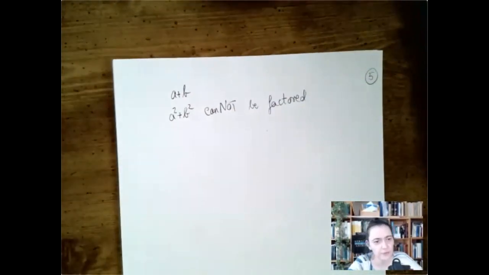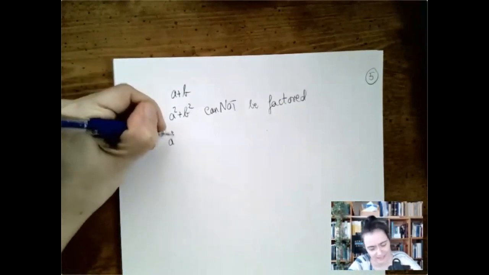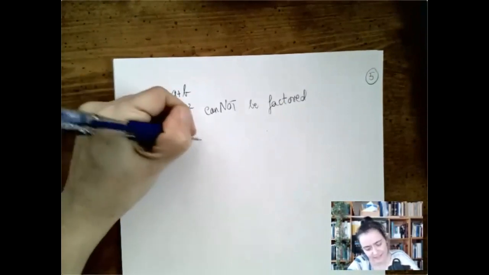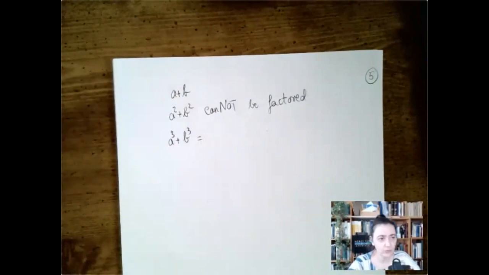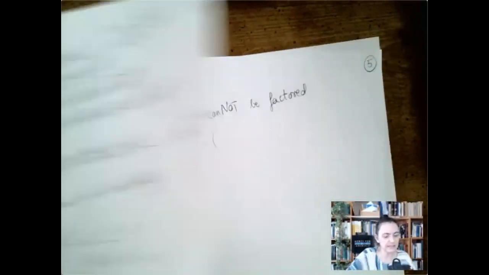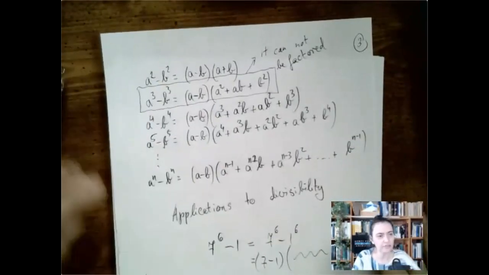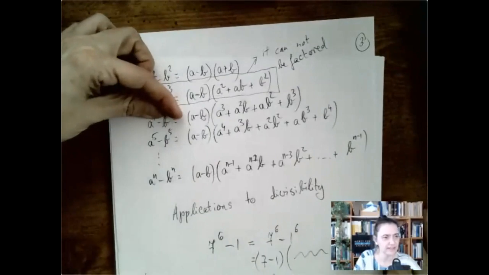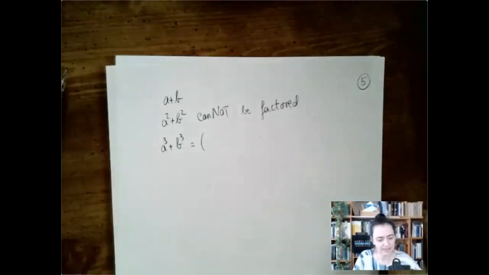But the sum of cubes can. And there are two pieces. The first piece, you remember what I said with the difference? I said the short piece is copying the other side without the exponent. That's exactly what happens here.